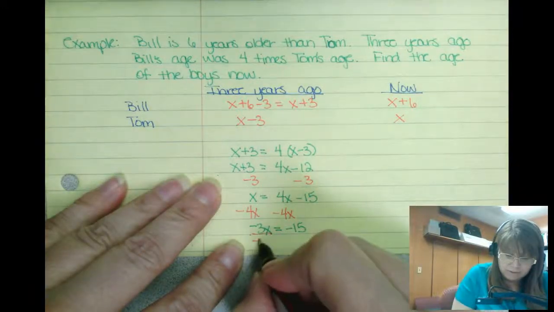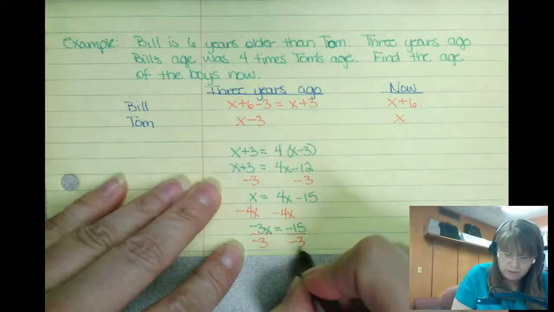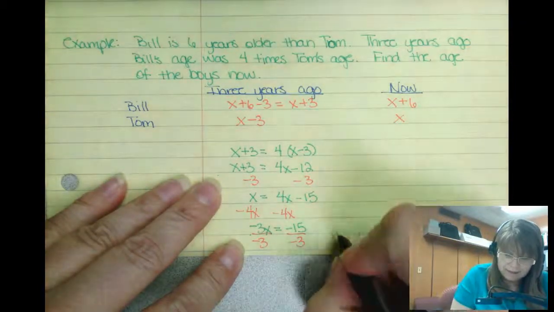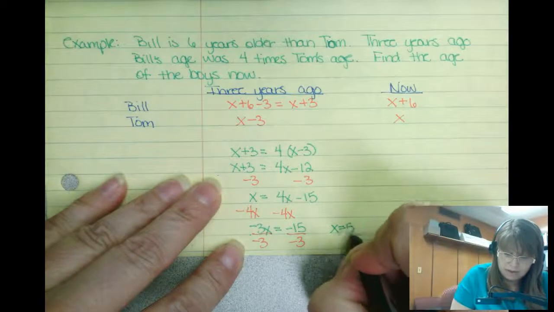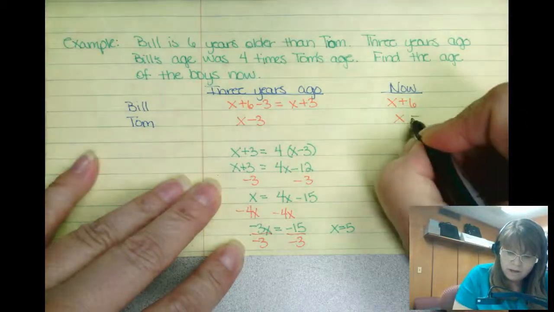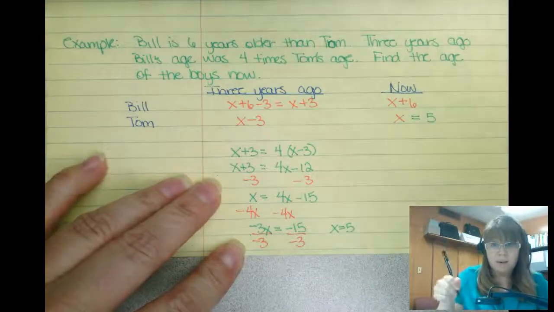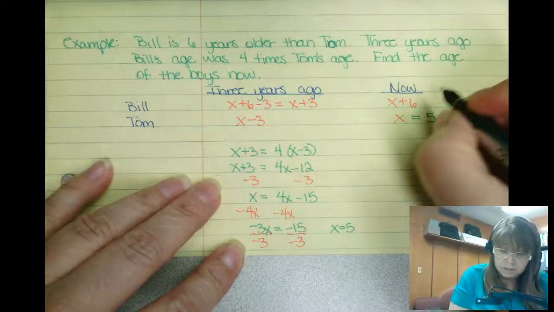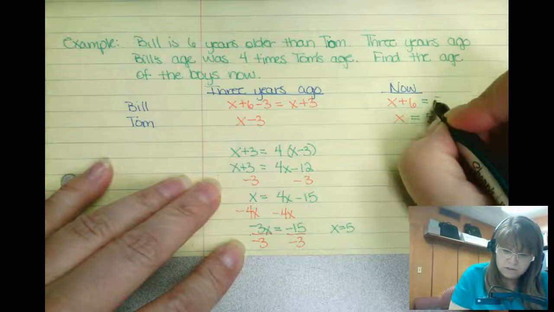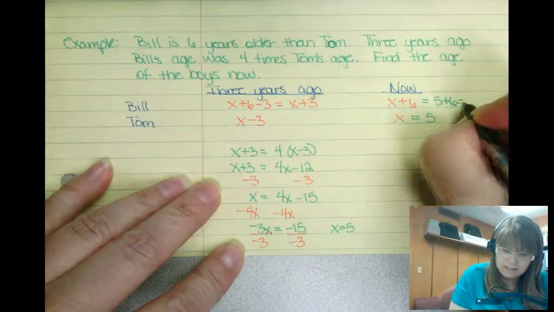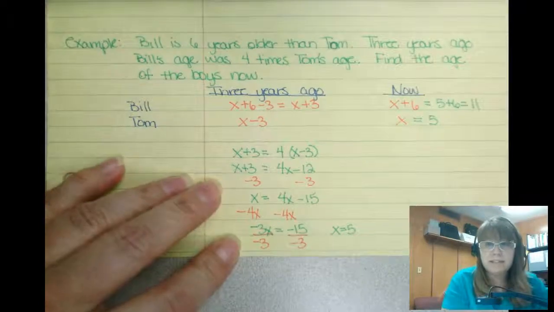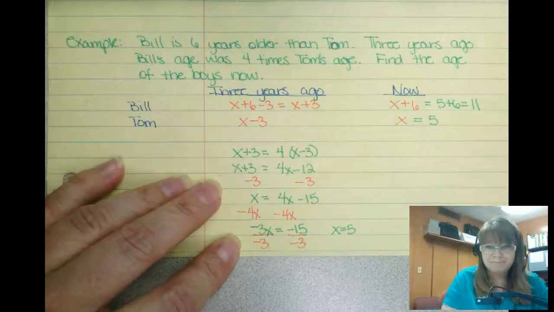Divide by negative 3. So X equals 5. Therefore, Tom's age equals 5 now. Bill's age equals 5 plus 6, and his age equals 11. Okay?